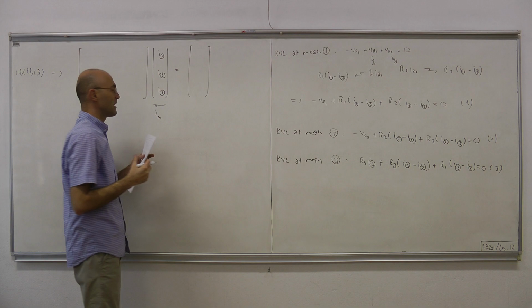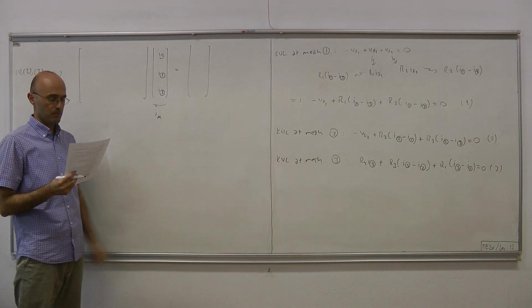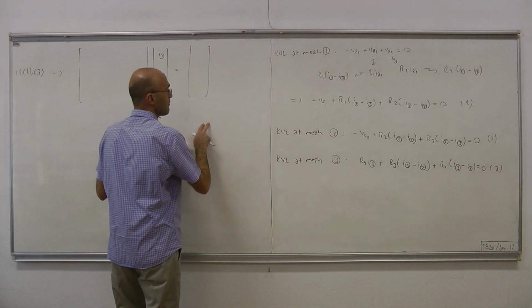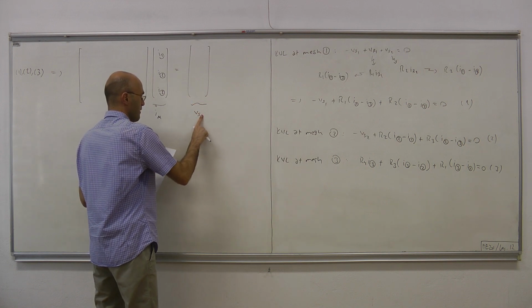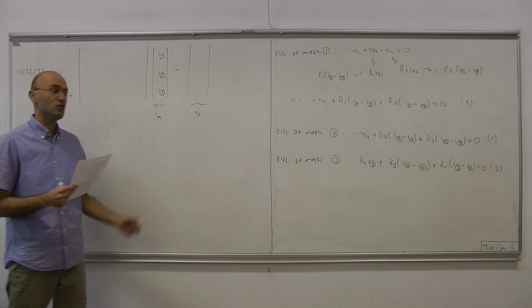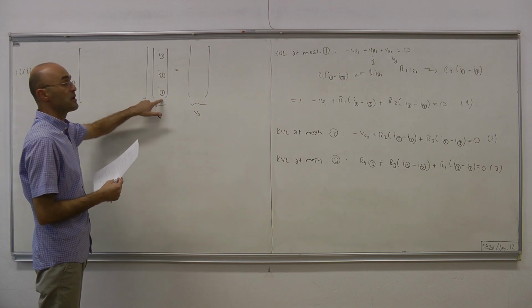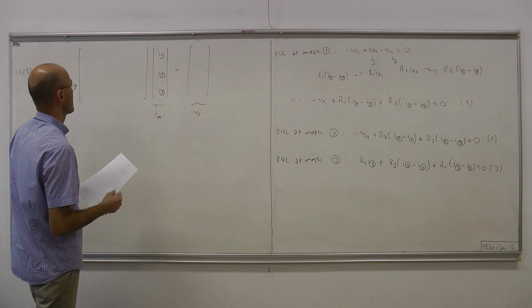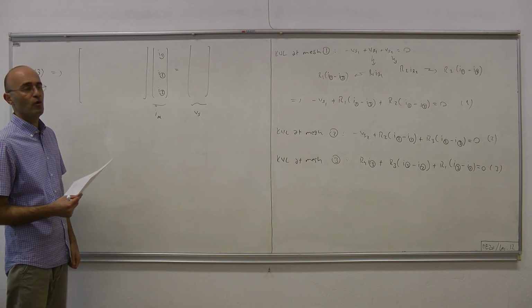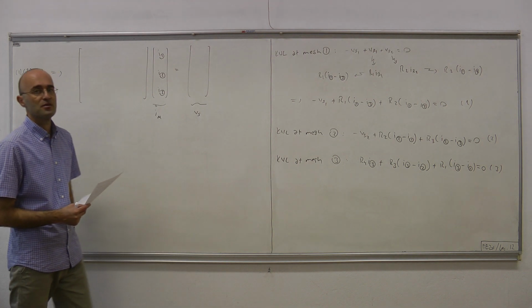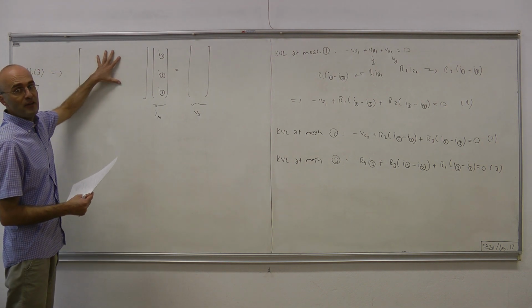It's generally labeled IM, the mesh current vector. Then here we have the vector that contains the knowns, and here we have a 3 by 3 matrix whose entries come from the circuit parameters, or in particular from those equations.